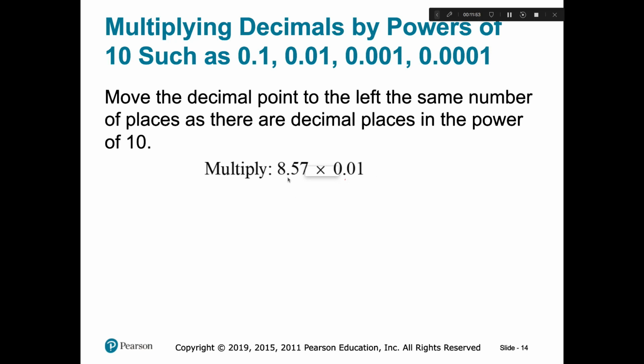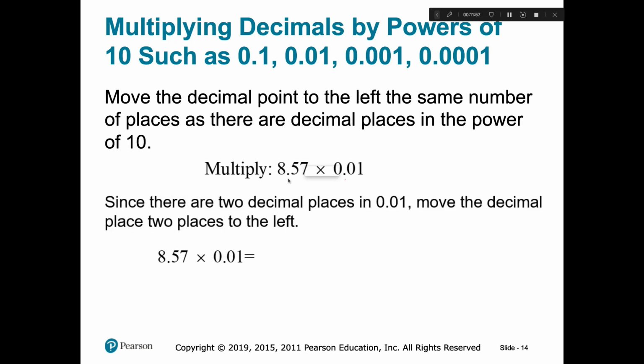So we move it 2 places to the left. We have to add some placeholder zeros in there. Remember, you need 1 digit in front of your decimal. So we're moving it 2 places to the left, and we're adding some placeholder zeros.